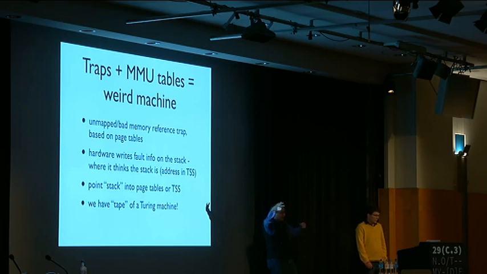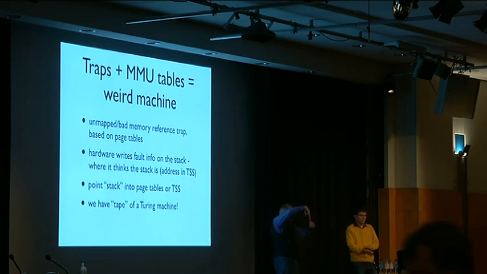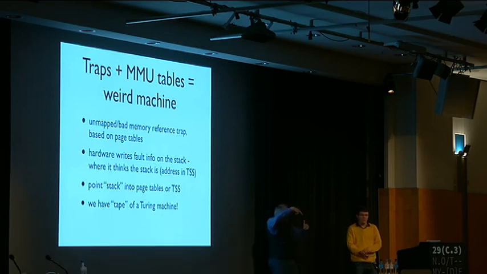And Julian is going to walk you through that in the main talk. But how about this? How about we take wherever that data is supposed to go and put it back in what controls our trapping, that is to say, the page tables. And so we can bounce it, and that will happen, right?